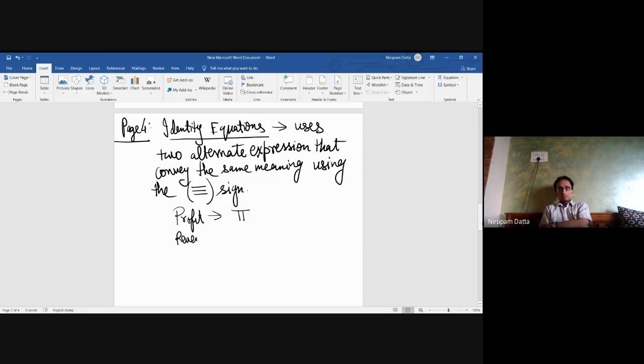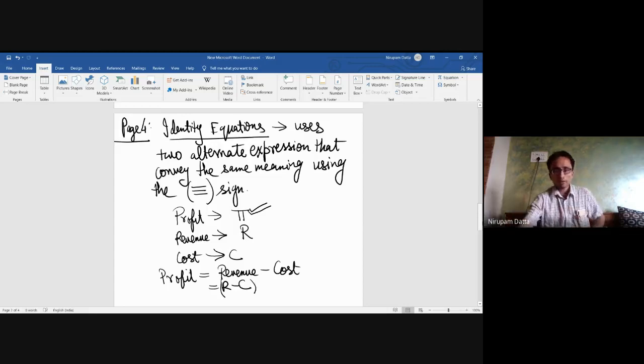Then revenue, that is the sales revenue, we represent by R, and the cost of production, represent by C. So we already have symbolized profit as pi, but we also know profit is nothing but revenue minus cost, that is R minus C. That means these two expressions, pi and R minus C, convey the same meaning.